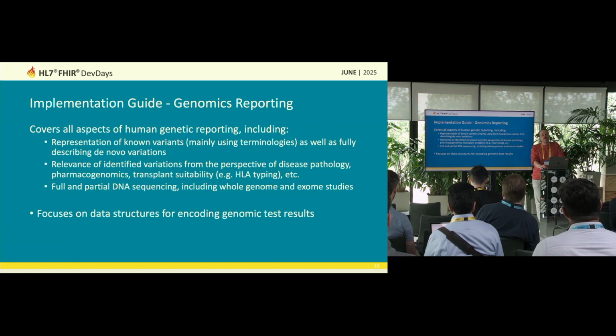So this Genomics Reporting Implementation Guide covers all aspects of human genetic reporting. For now, it's only human. Of course, you could use it for animals as well, but now we have requests for genomic representations of viruses, for example. This is new to the group.